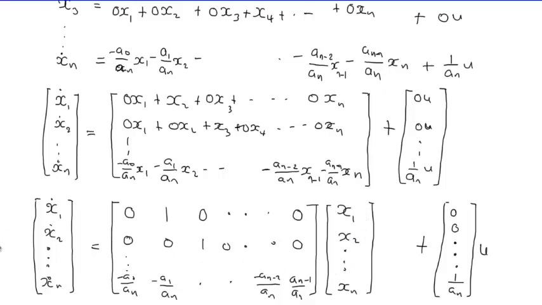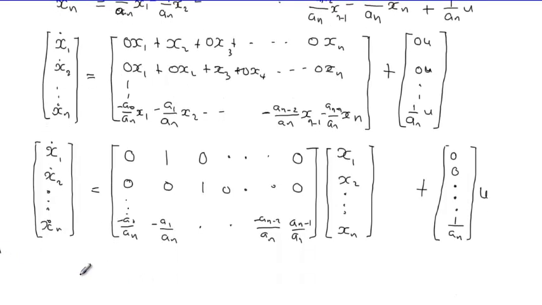Now what we can do is simplify this and write it as x dot to represent this vector, equals this matrix here, which we're going to denote by A, times the vector x, plus this column vector which we've represented here multiplying u, which we're going to represent by a small letter B, times u.